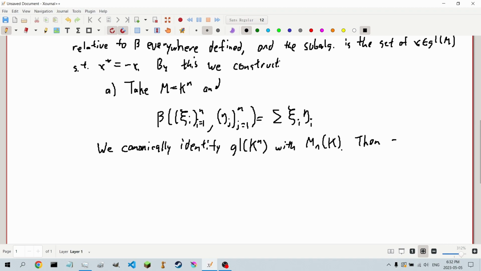Then the Lie algebra we get is the Lie algebra of skew-symmetric matrices.